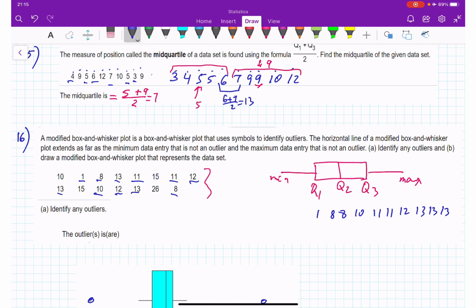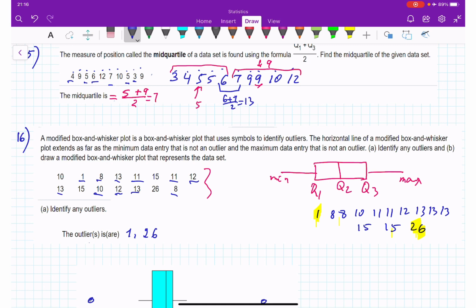What else do we have? Twice 15 and 26. Which ones look like outliers? I would say 1 is one, because look, from 1 it jumps to 8. That one is an outlier, and then 26 is also an outlier, jumping from 15 to 26. Therefore, the outliers are going to be 1 and 26.